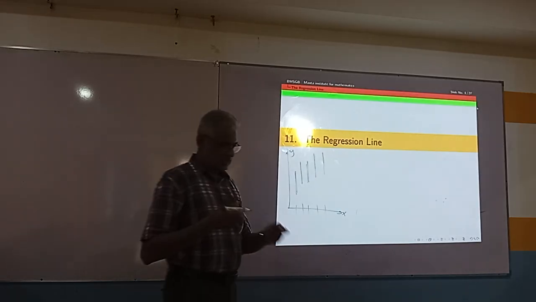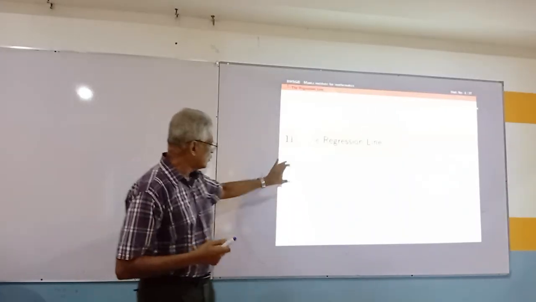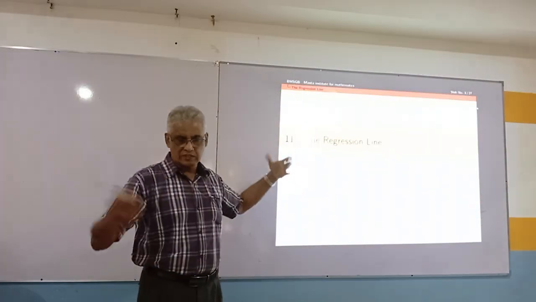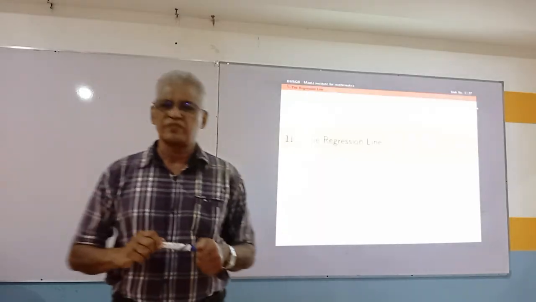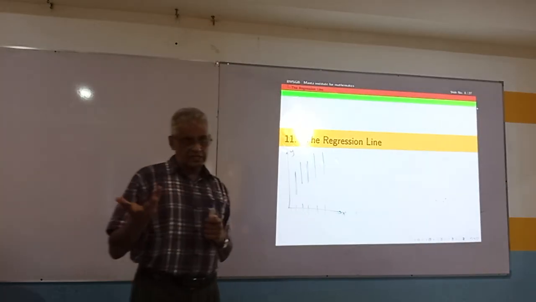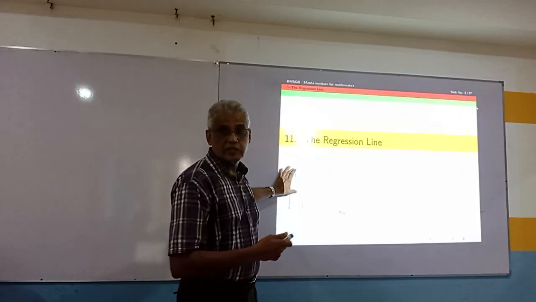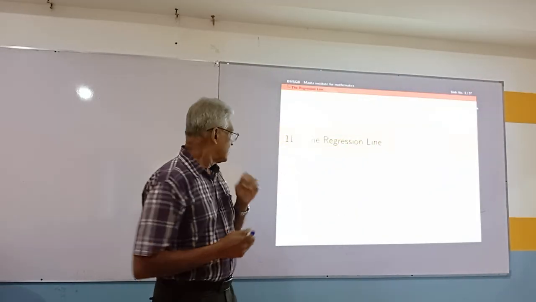Of course, usually when you collect data, there might be only one or two observations for a given x. There can be only one also. Most of the times there is only one. But we can consider that as one possible sample coming from this kind of set of possible values.